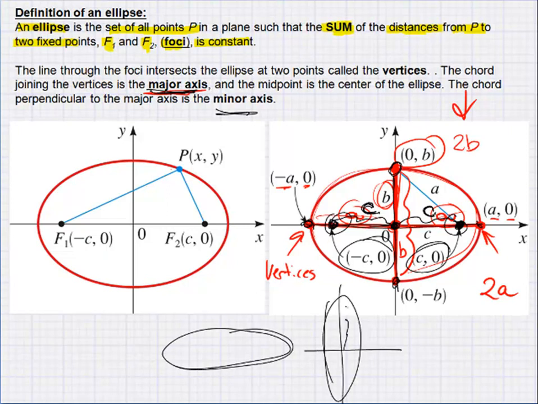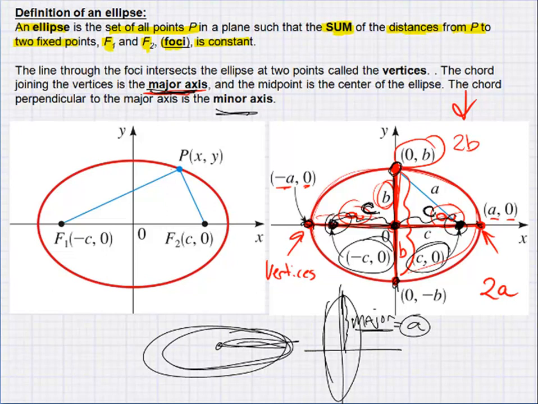If this distance here is bigger, then my ellipse will be more vertical, but the bigger axis is always the major axis. So whether I have a vertical major axis or a horizontal major axis, all depends on what kind of ellipse I'm going to get. A is always representative of the distance for the major axis.